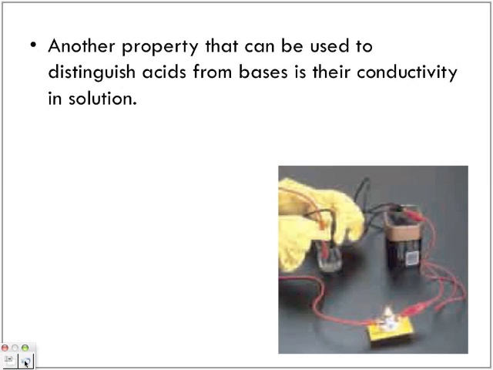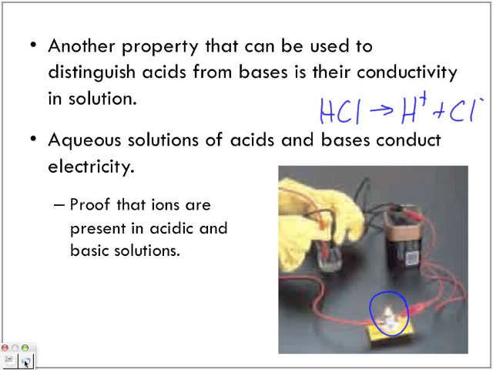Remember when we looked at how something like HCl can dissociate into the following ions? These ions can help carry that charge, which can cause the light source to light up. So aqueous solutions of acids and bases conduct electricity. This is proof that ions are present in acidic and basic solutions.